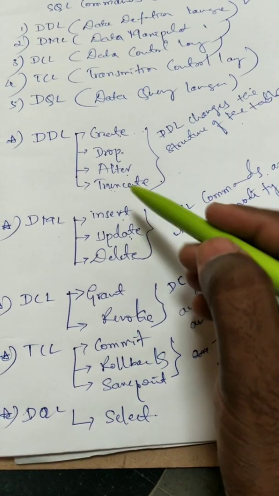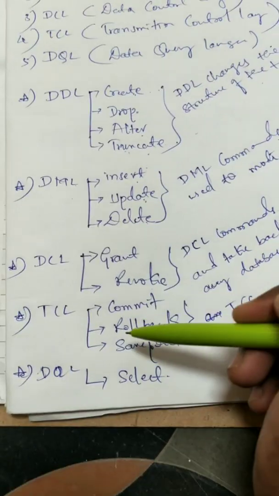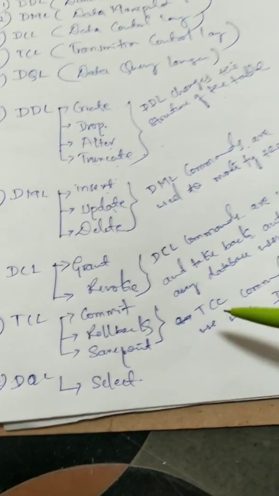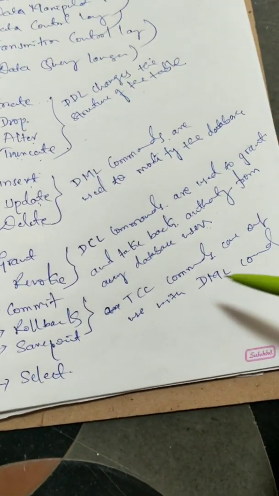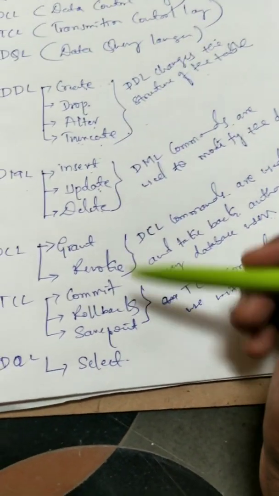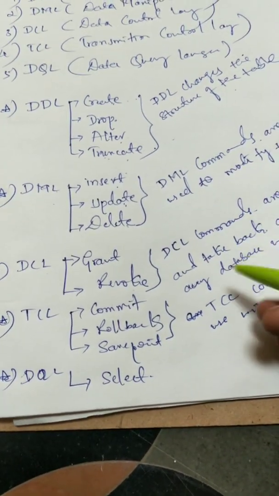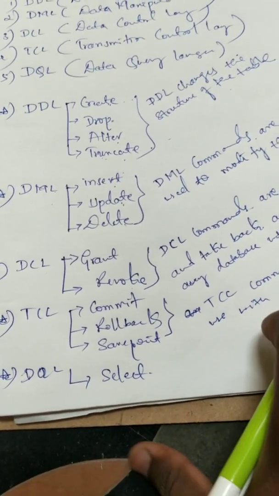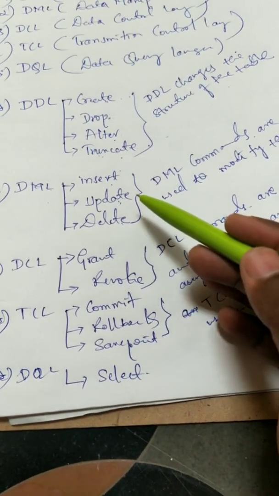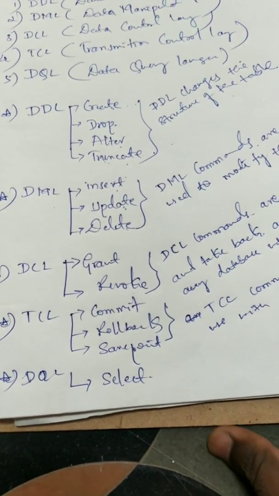These transaction control commands can only be used with the DML commands: insert, update, delete. In the next class, you will see how we use these commands with these DML commands. Okay, so that we will see.